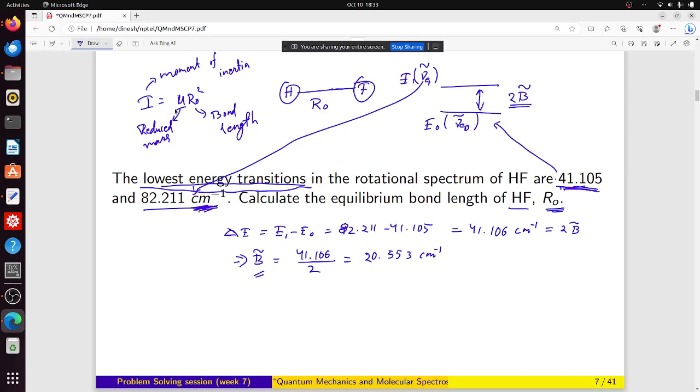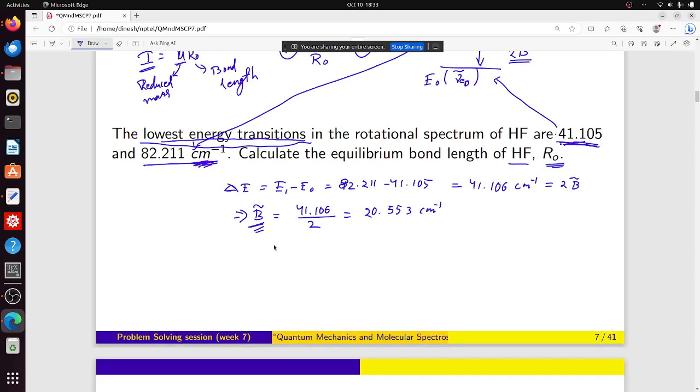So what do we need now? We need the reduced mass and the moment of inertia. What is given? B tilde is given, right? So that means from that we can calculate the moment of inertia from this formula, h over 4 pi b tilde c, right? Do you remember this formula?